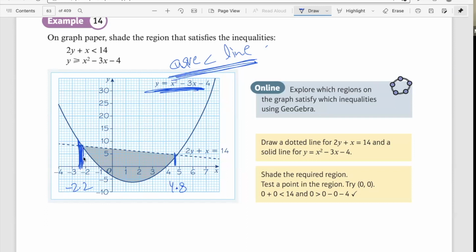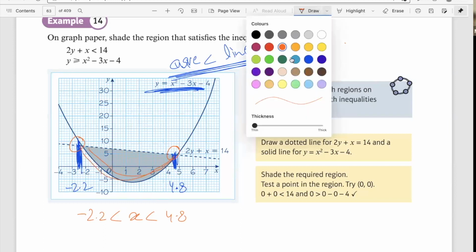So these are the 2 points of intersection, 1 and 2. At these 2 points, their values are equal. So when the value of x is between -2.2 and 4.8, the curve lies below the line.